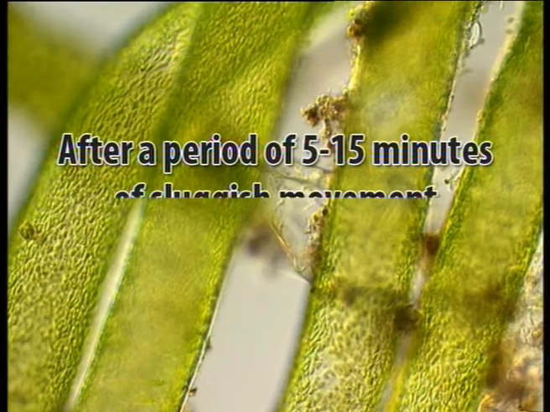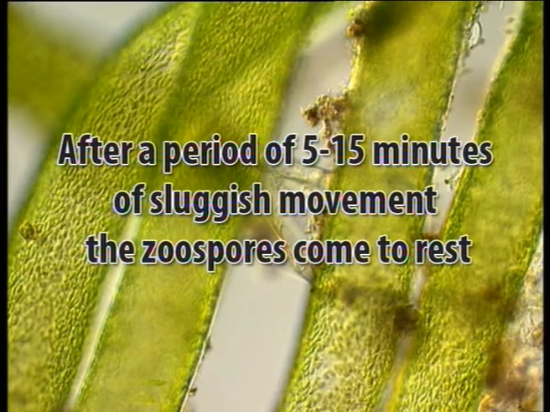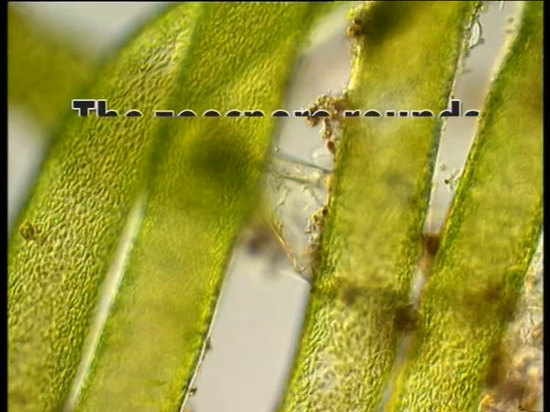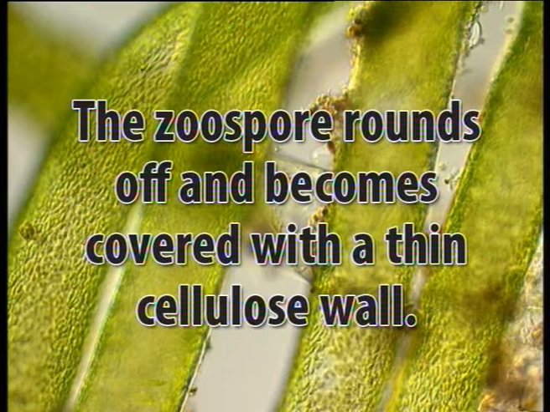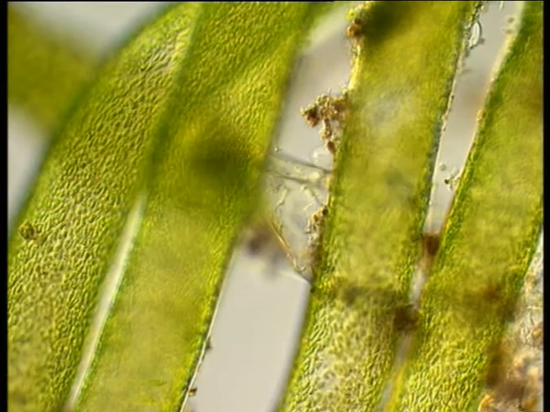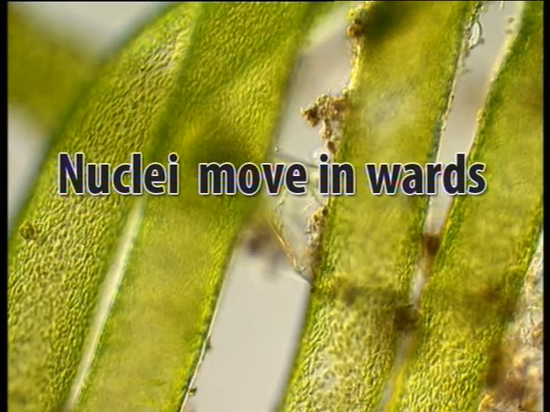Now the germination of zoospores. After a period of 5 to 15 minutes of sluggish movement, the zoospores come to rest, the flagella become motionless and then vanish completely. The zoospores round off and become covered with a thin cellulose wall. At this stage, the chromatophores move outwards and nuclei move inwards.